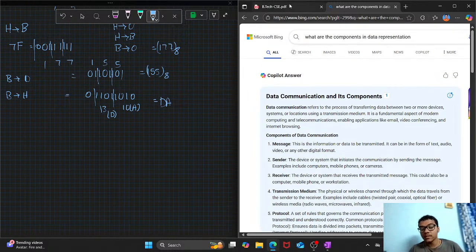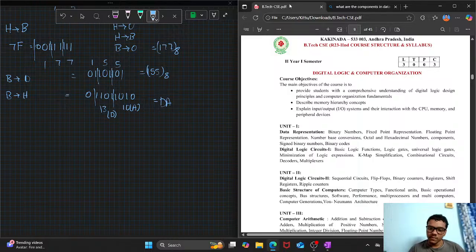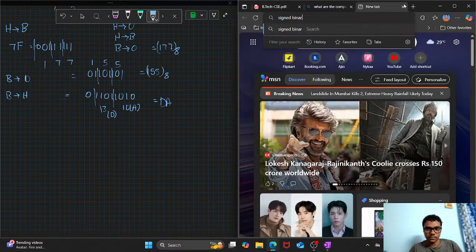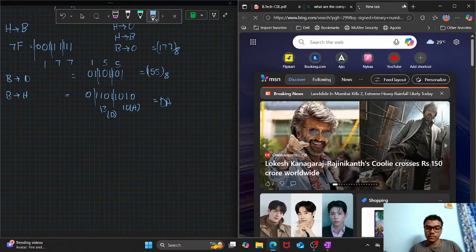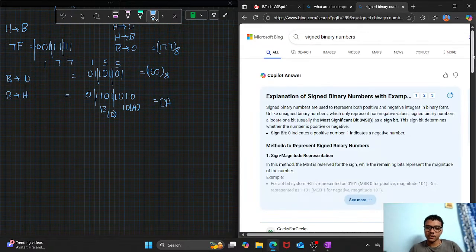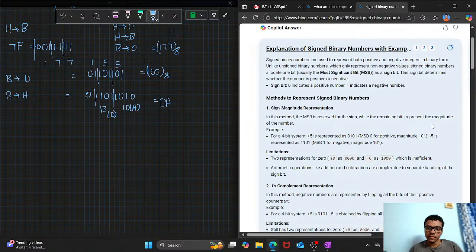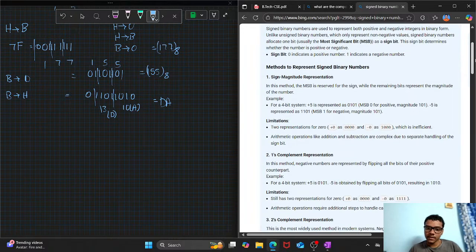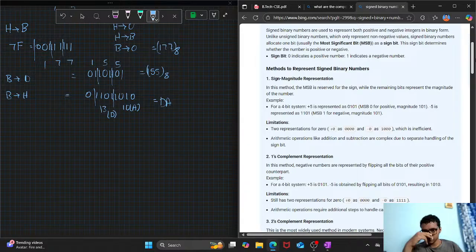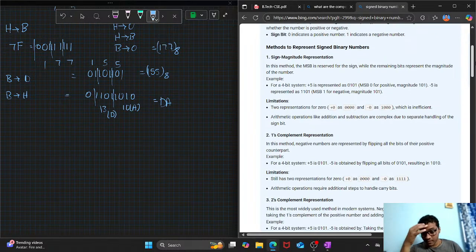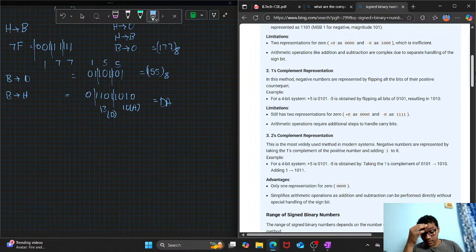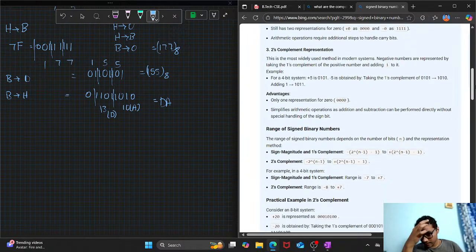Okay, I don't know what this is, but signed binary numbers. So we will see 1's complement and 2's complement here. Sign magnitude representation. 1's complement and 2's complement.